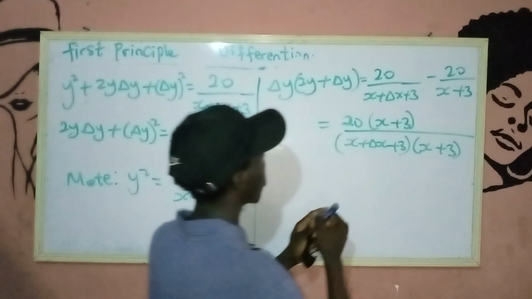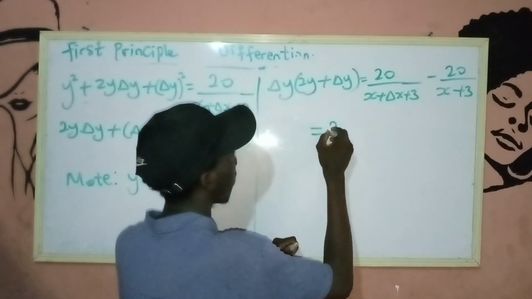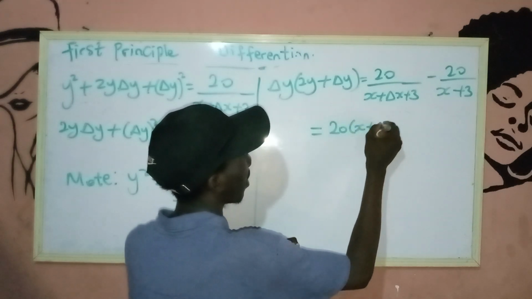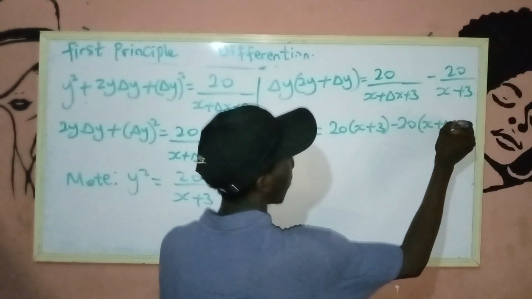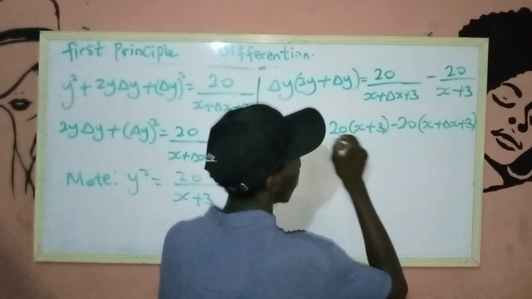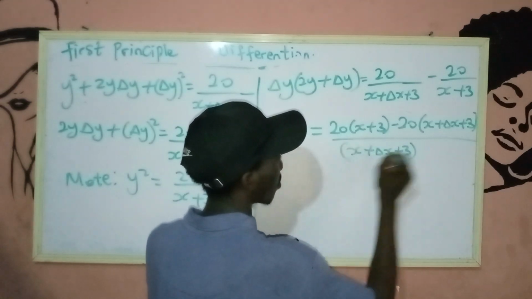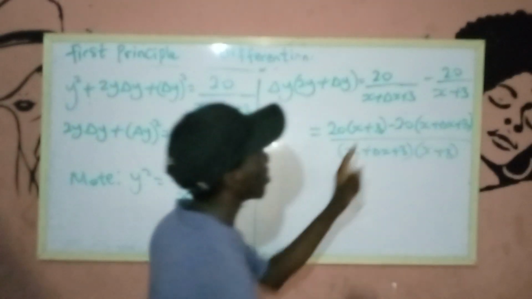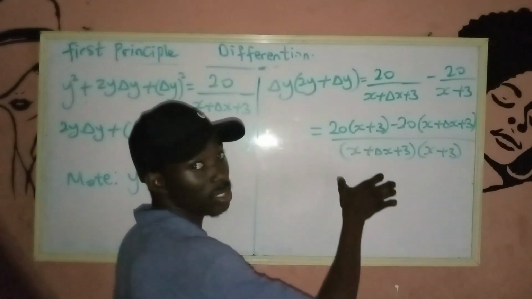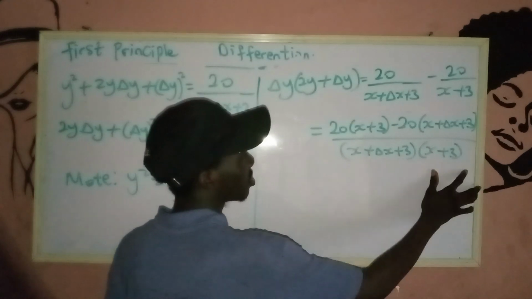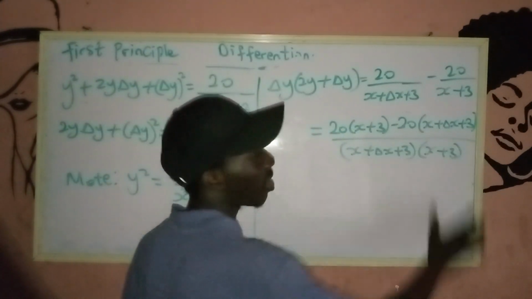So let me write it here: x plus 3 minus 20. So you have x plus change in x plus 3 times x plus 3. The LCM here is the multiplication of this and this.